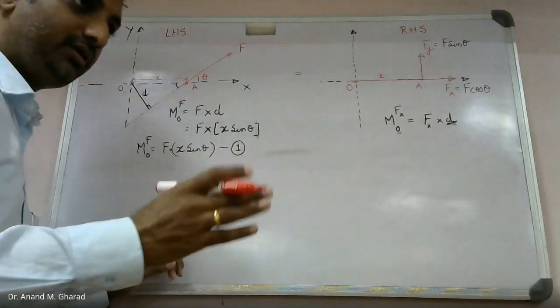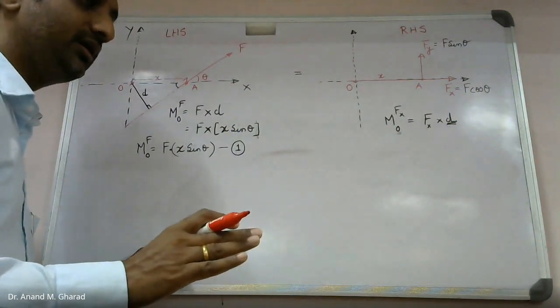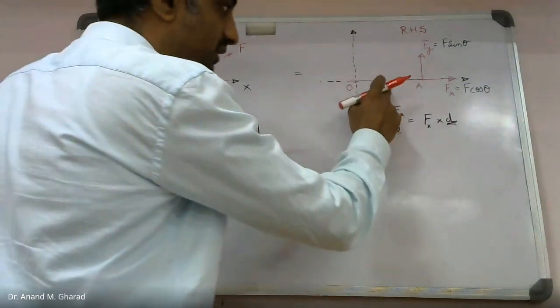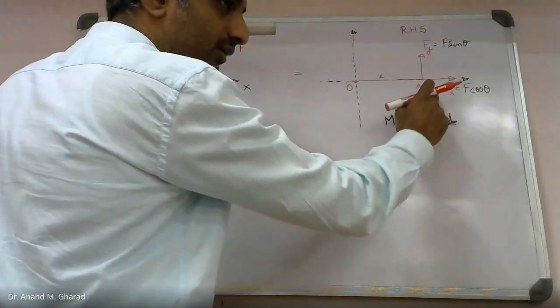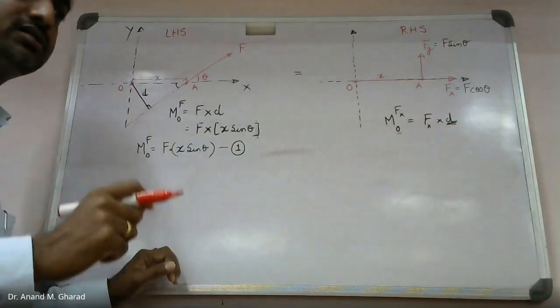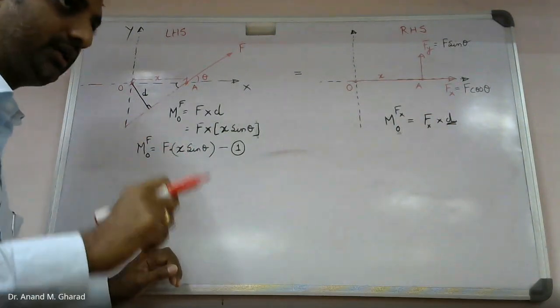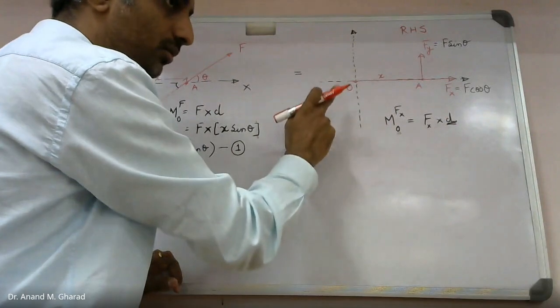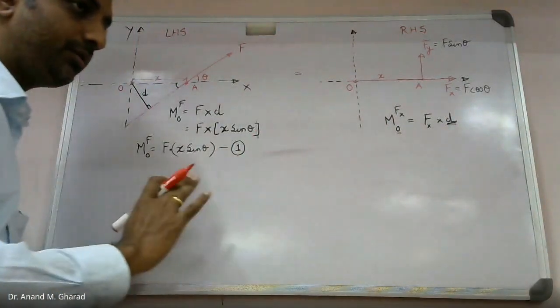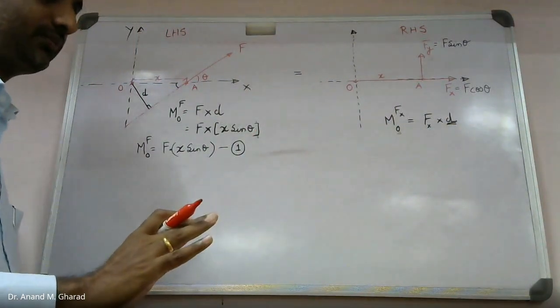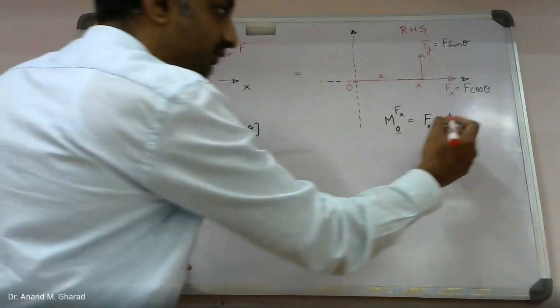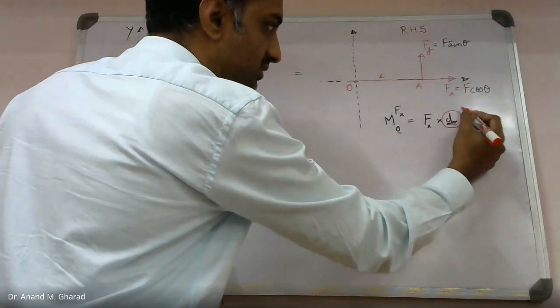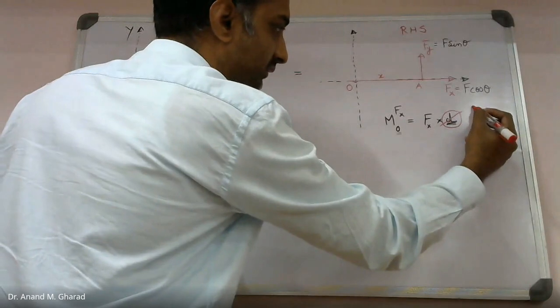There is no perpendicular distance, isn't it? So whenever the line of action of the force is passing through the moment center, there is no perpendicular distance. Therefore, the value of this d shall be 0. Very correct.